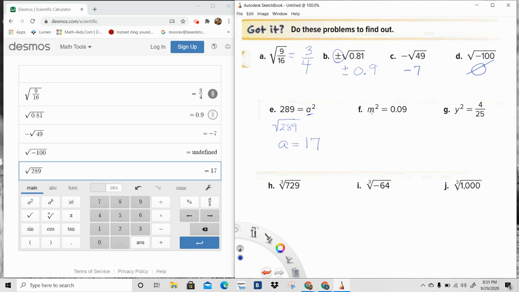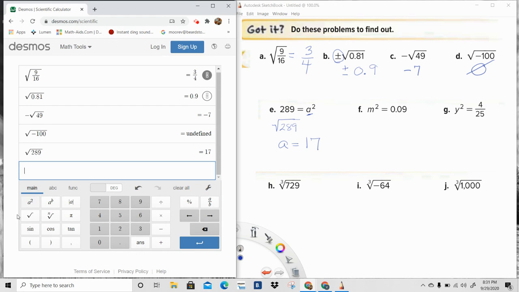Again, it's the same thing over here. They're asking us what number squared equals 0.09. Again, in order to do that, I hit my square root button. I type in my decimal, just like it appears on the page, and then I hit equals.